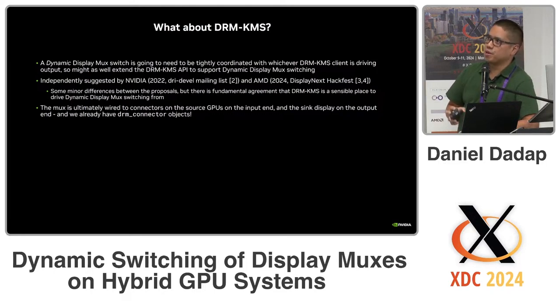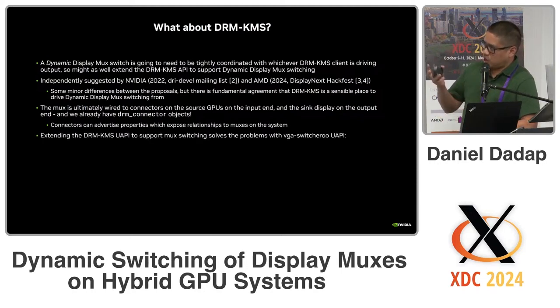If we add connector properties to map the relationship between these connectors and a Mux on the system, that's going to be a really natural way for clients to discover the availability of a Mux and to understand the relationship between connectors on different GPUs that are potentially driving the same display.